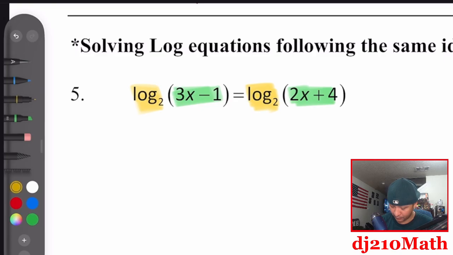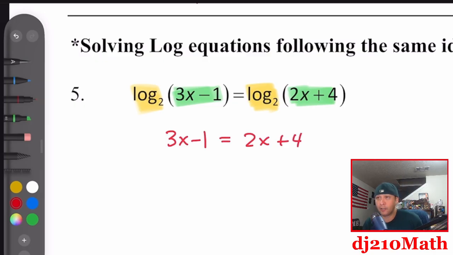So the arguments, the parts inside, are going to be 3x minus 1 is equal to 2x plus 4. Log base 2 of something, the 3x minus 1, has to be equal to the other log. It has to, because there's only a single log on each side, so we don't care about the logs.